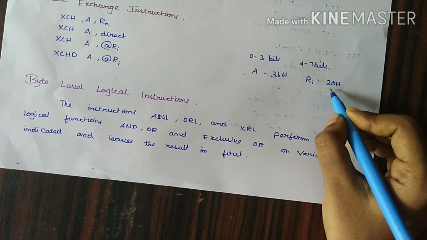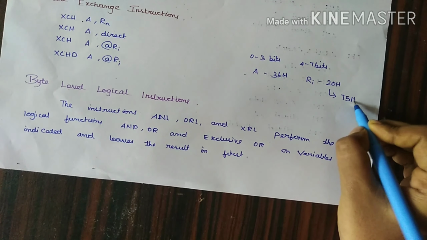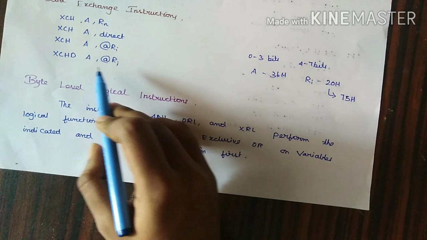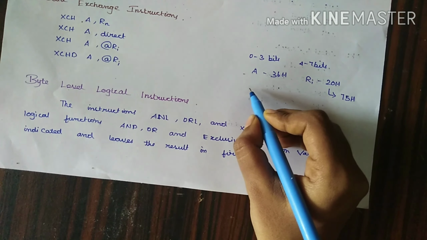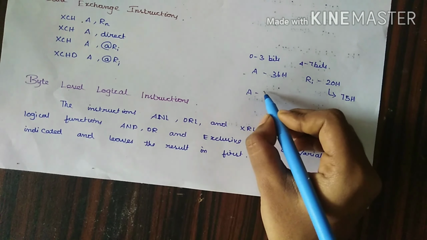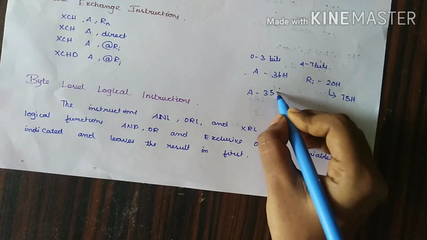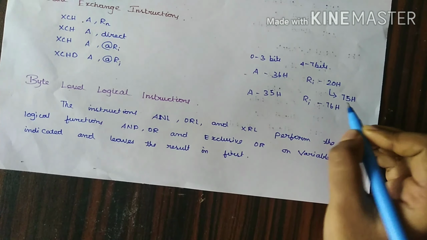Now this 20H location has the data of 75H. On this instruction XCHD A, @Ri, we get the result as A has 35H and the location has 76H.